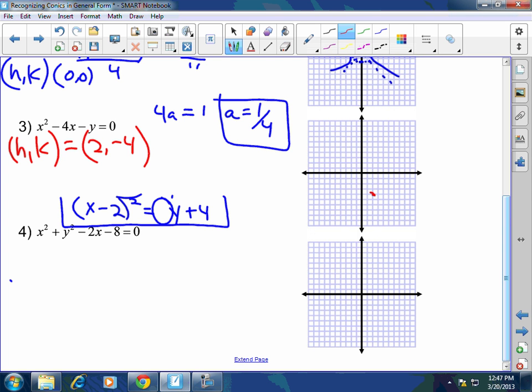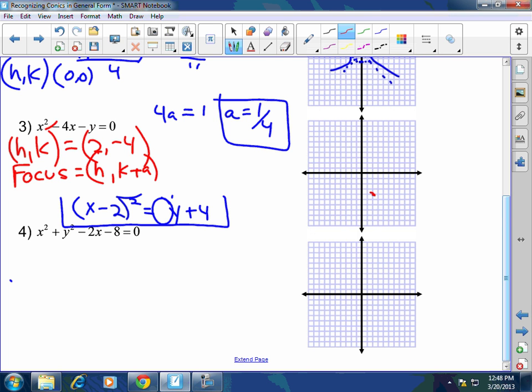All right, awesome. Now, next, after the vertex, what do we usually find? The focus. Very good. And what is the focus of a parabola? That is, of course, an x squared. Yes! Good job, guys. h comma k plus a. Awesome, guys.